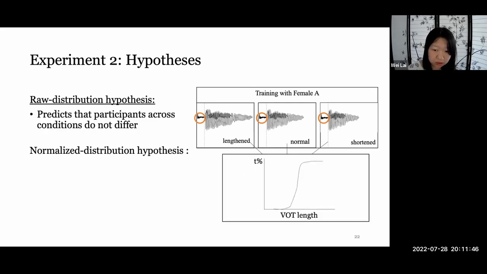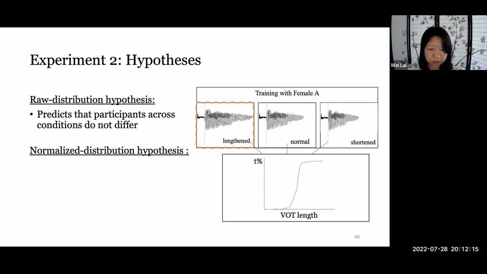By contrast, the normalized distribution hypothesis would predict that listeners keep track of voice onset time relative to the duration of contextual speech. So specifically, in our case here, compared to the normal condition, participants in the lengthened condition will hear longer contextual speech, which entails shorter voice onset time of the consonant relative to the contextual speech.